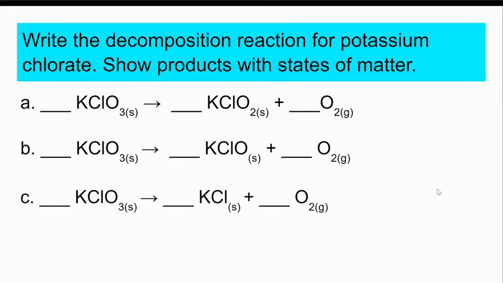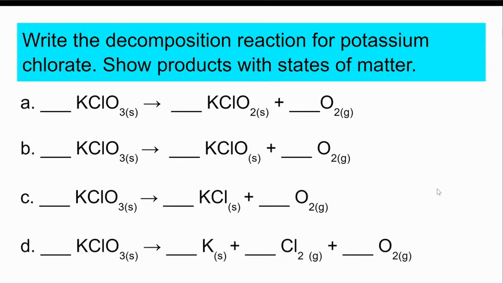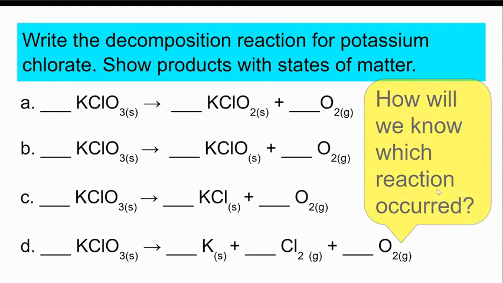Or maybe you said it was going to break apart into potassium chloride and oxygen gas. Or another possibility is people might have said it's going to break apart into solid potassium and produce both chlorine and oxygen gas. How will we know which of these four possible reactions occurred?